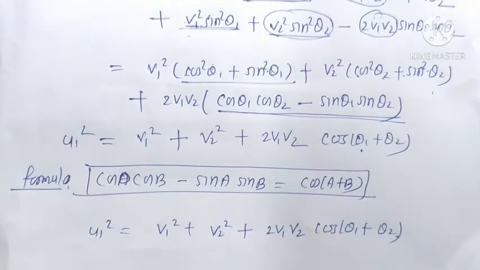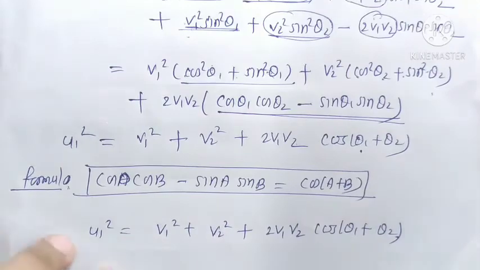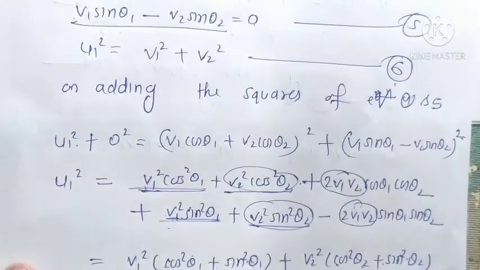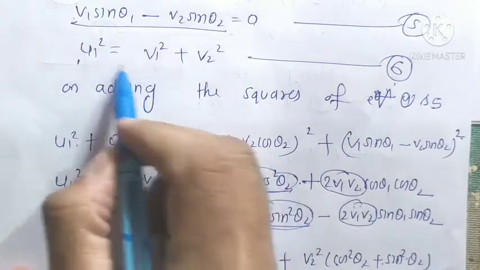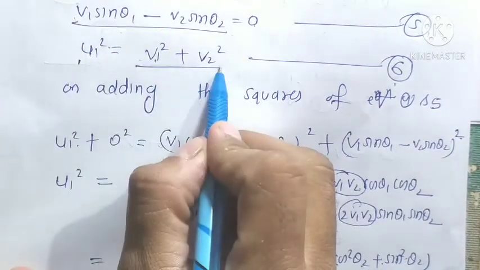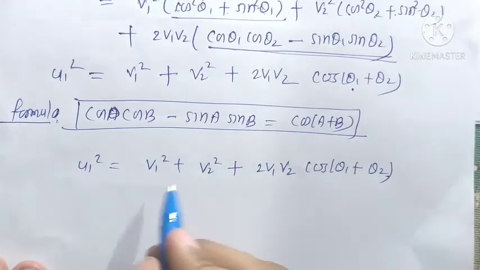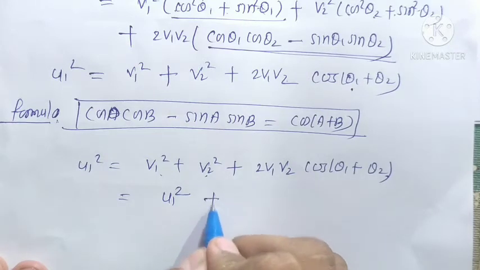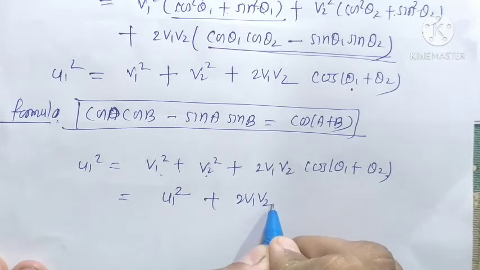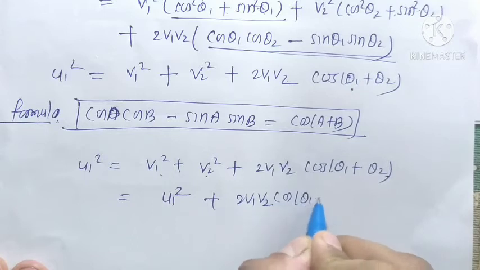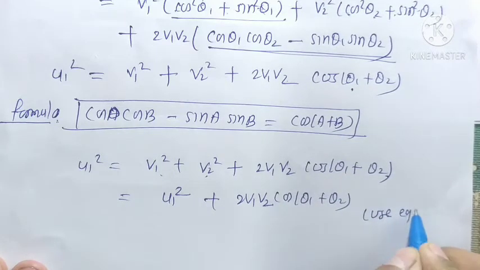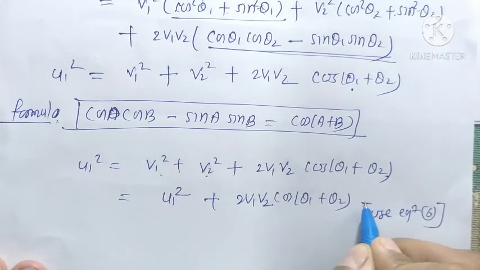Now we use equation number 6, which is u1 square = v1 square + v2 square.